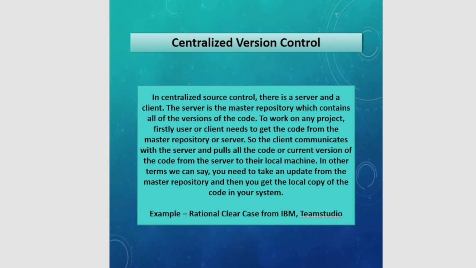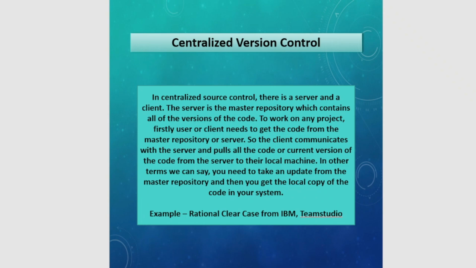So any failure on the server end might have a very wrong impact on the development phase, whereas you might lose some changes, you might lose some of your work. So this is very, very critical in terms of development. So this is why distributed version control is preferred more over centralized version control.